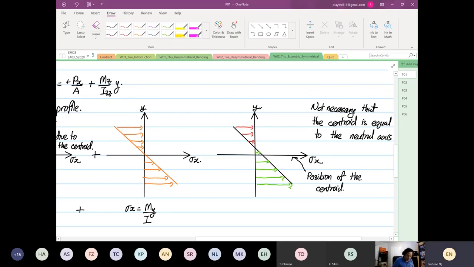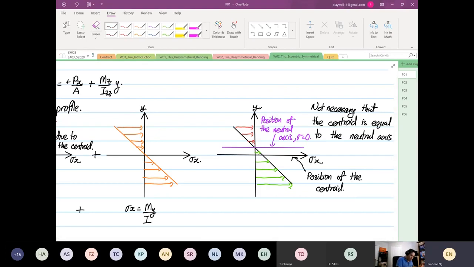Now, because of eccentric loading, what happened is over here, that I'm drawing in pink, this is now the position of the neutral axis. Neutral axis means the stress must be equal to 0. So you see a shift now.